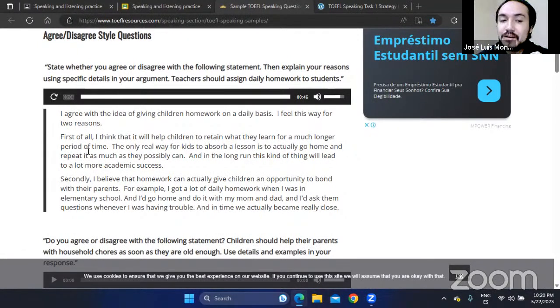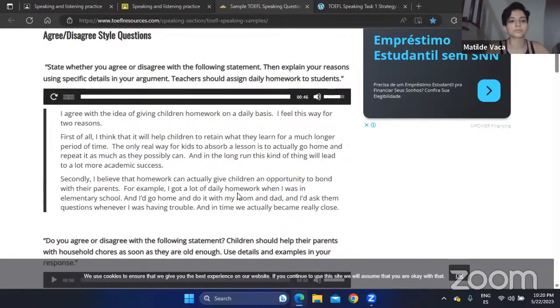If you analyze again, the example also makes this statement strong because it feels convincing, and he's proving that it can create a connection between children and parents. It can improve the bond with them because of the contact that you need as you are doing your homework with them, right? So again, we're going to listen to your ideas in the next class.